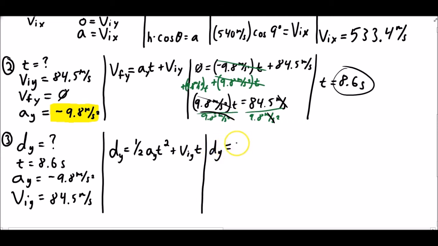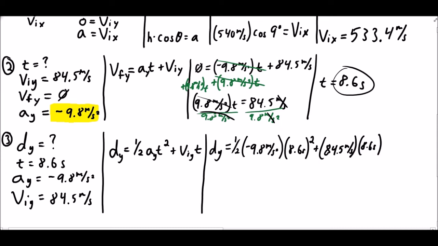So dy is equal to 1/2 times negative 9.8 meters per second squared, and don't forget that negative, times time, 8.6 seconds squared, and don't forget that either, plus 84.5 meters per second times time, 8.6.